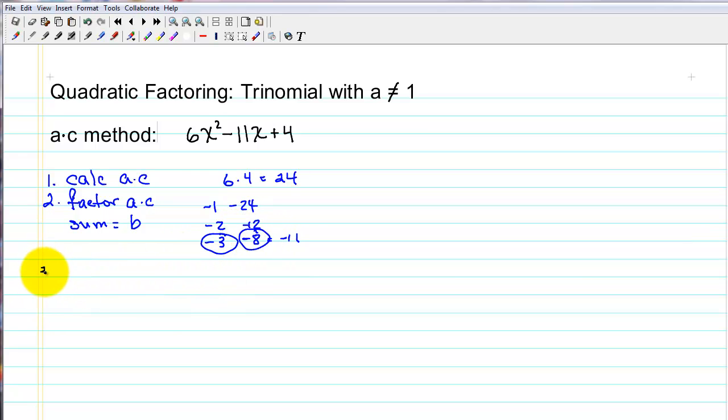Now the next couple steps are a little tricky, they're going to seem odd, but if you follow the procedure it'll work. We need to next rewrite our middle term of our original polynomial. So we're going to rewrite the original polynomial and we're going to split the bx term using our two factors.